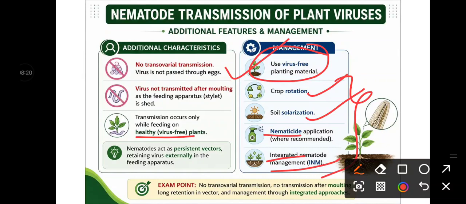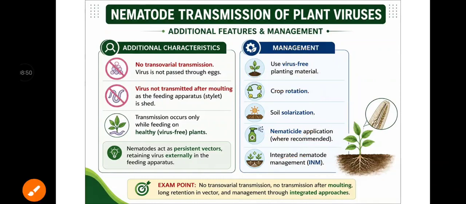For nematode-transmitted viruses, there is no transovarial transmission, no transstadial transmission, and the transmission is persistent in nature but non-propagative. The virus will not multiply inside the nematode vector. And for management, we have to check the nematode vector by using crop rotation, solarization, nematicide application, or integrated nematode management practices, and by using virus-free planting material.